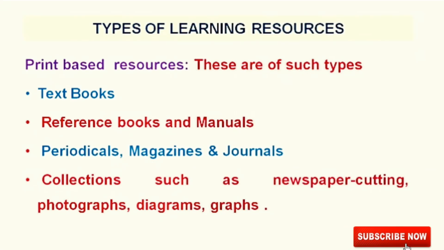Now we talk about the types of learning resources. The learning resources are categorized into various types, and important among them are print-based resources. These include textbooks, reference books and manuals, periodicals, magazines and journals, collections such as newspaper cuttings, photographs, diagrams and graphs.